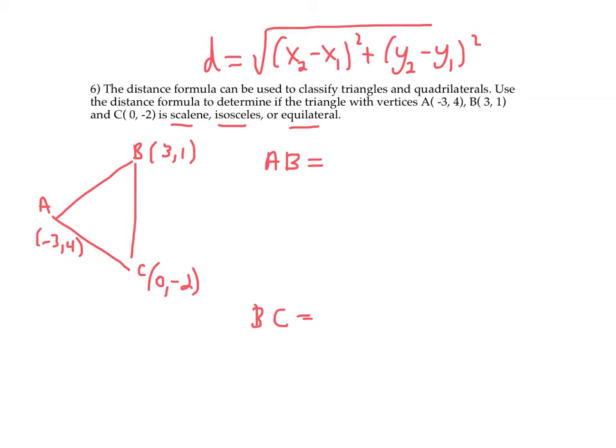Okay, so the distance between points A and B. So for this one, I'll call this x1, y1, and this x2, y2. So we want to do x2 minus x1, so 3 minus -3 squared plus 1 minus 4 squared.